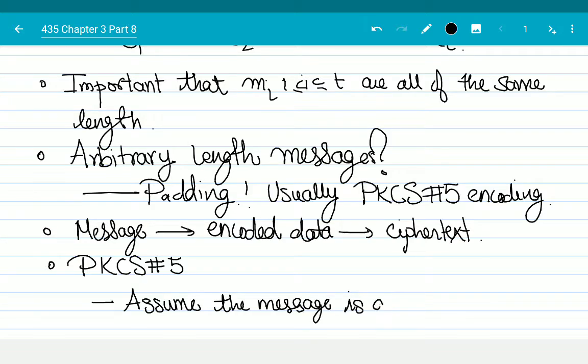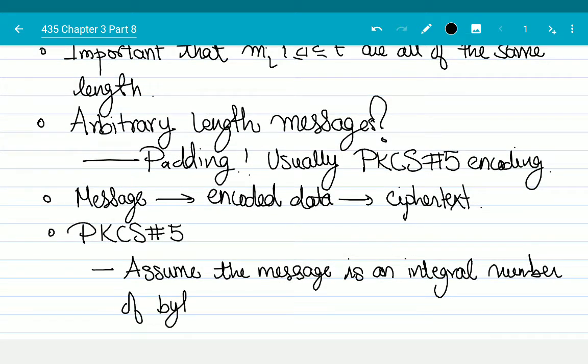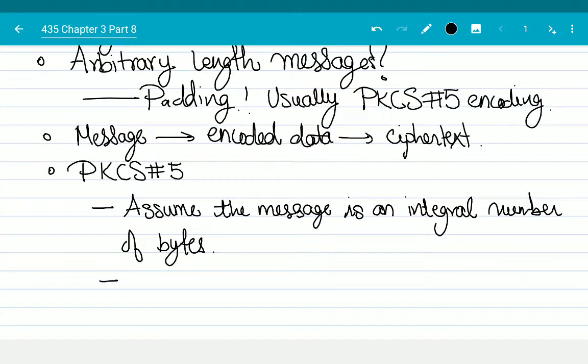Since this is a real life thing rather than just random messages, it is generally encrypted with bytes.